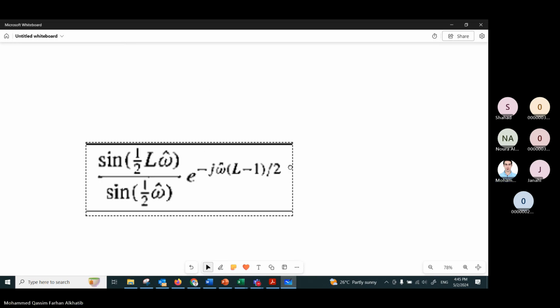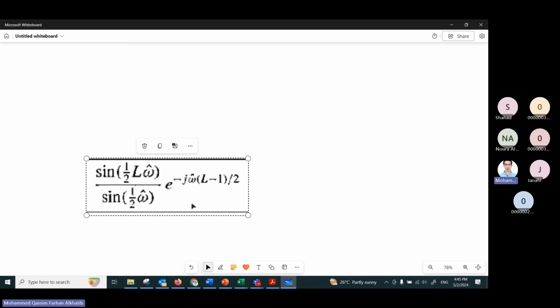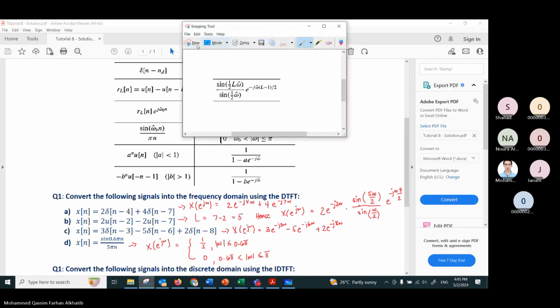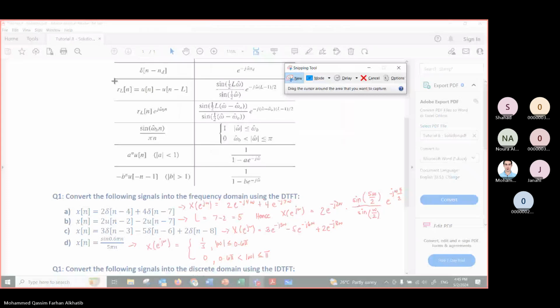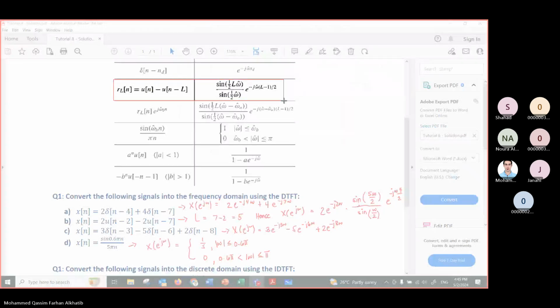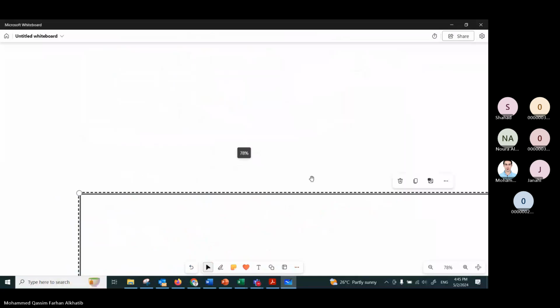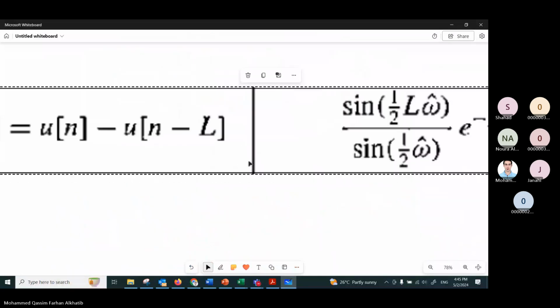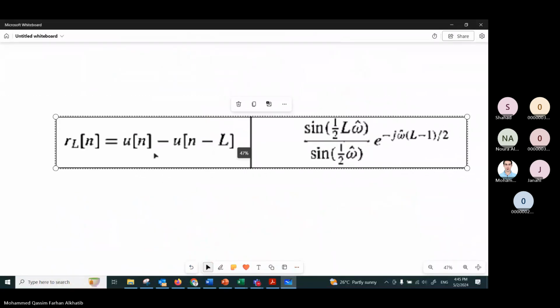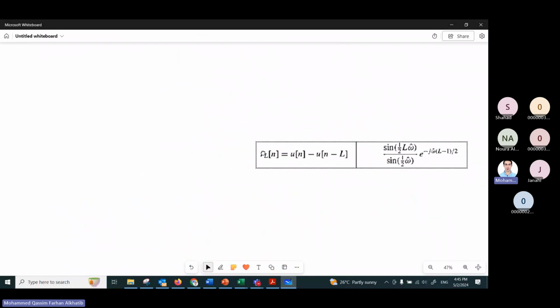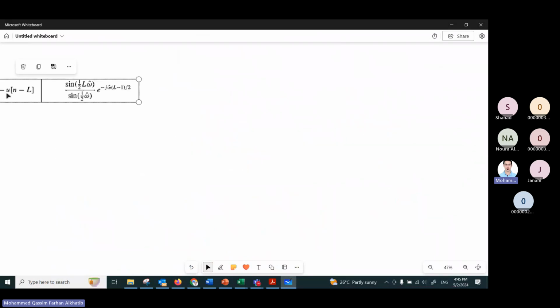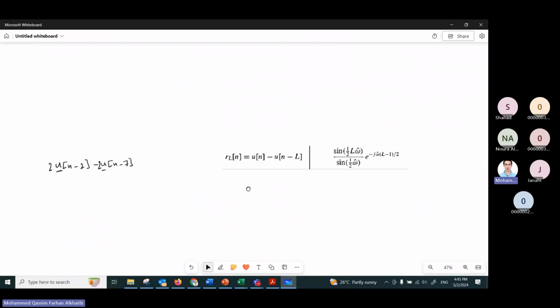This one. Or let me copy the whole thing, go back here. So when you see two step functions together, probably my question is regarding those.